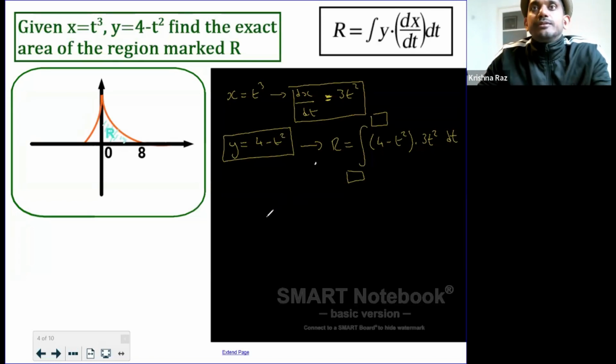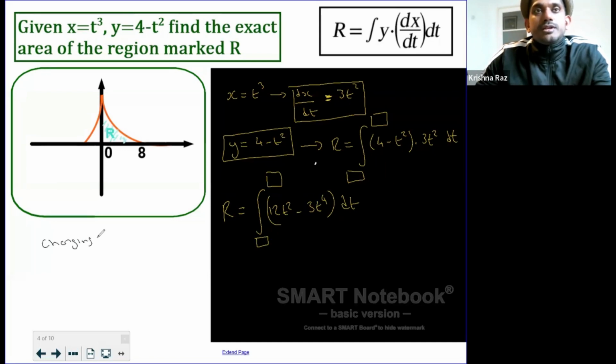Next we need to figure out the limits. If I expand the bracket, we simply need 12t squared minus 3t to the power 4. So now we need to change the limits. Changing limits, because these are x values and we want t.